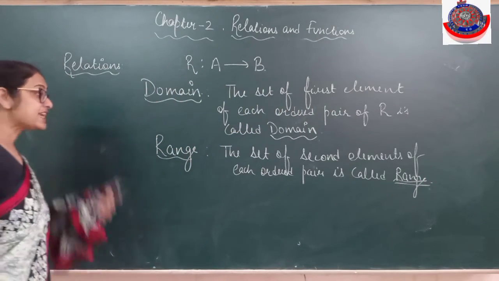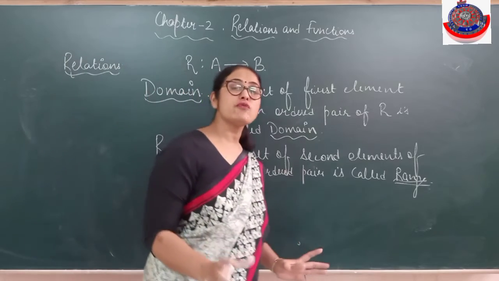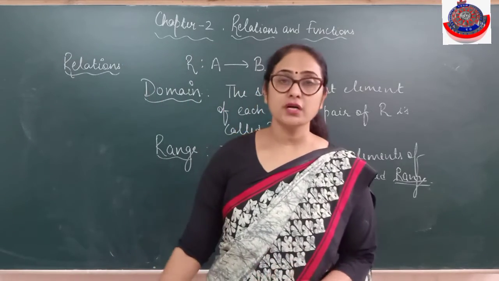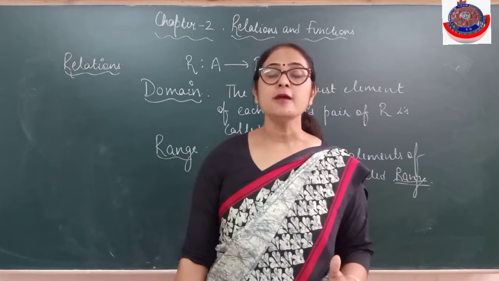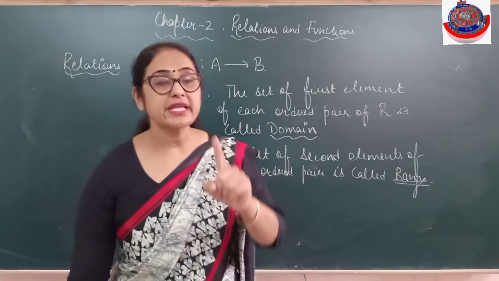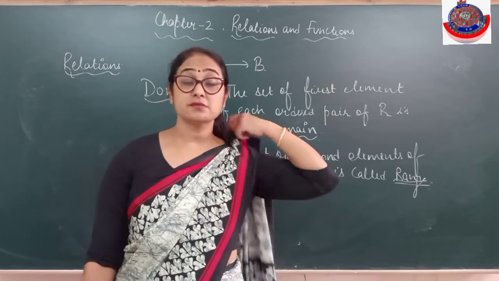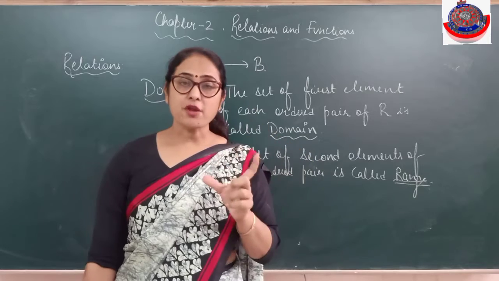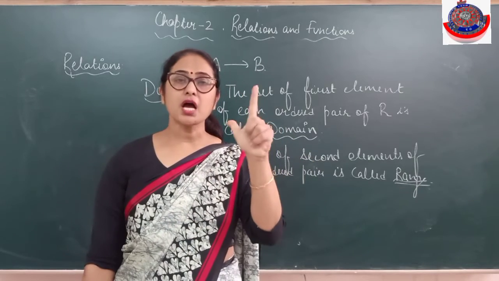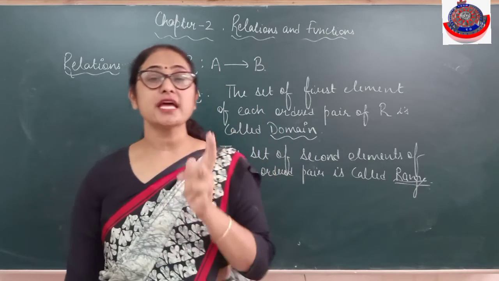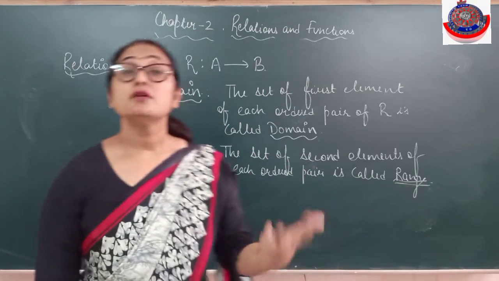That means if I make a set of all the second elements of the ordered pairs in R, that is called range. The second elements of each ordered pair in R were Asha, Ankita and Bharti. That means Asha, Ankita and Bharti are the range.